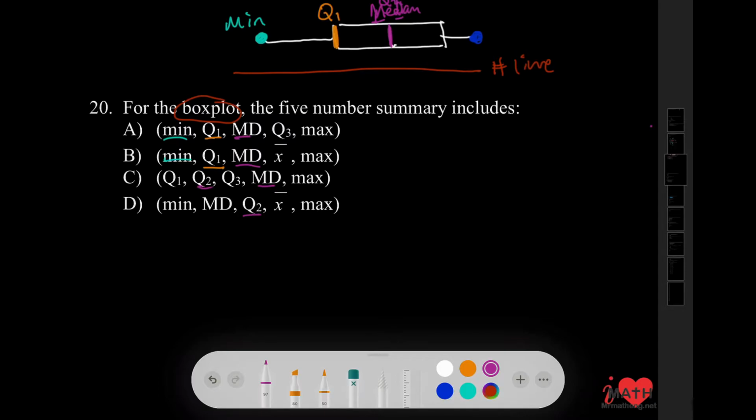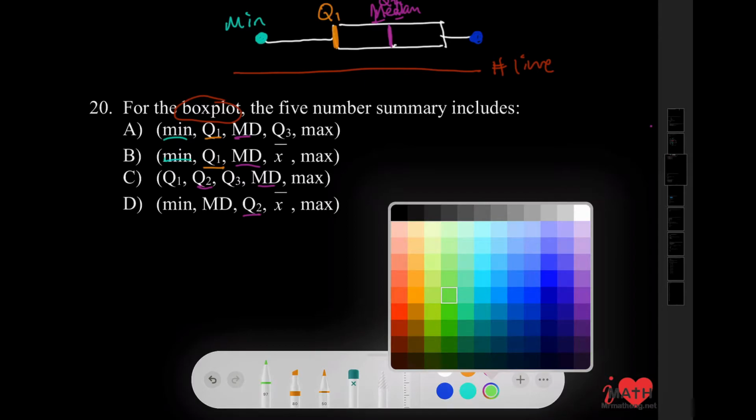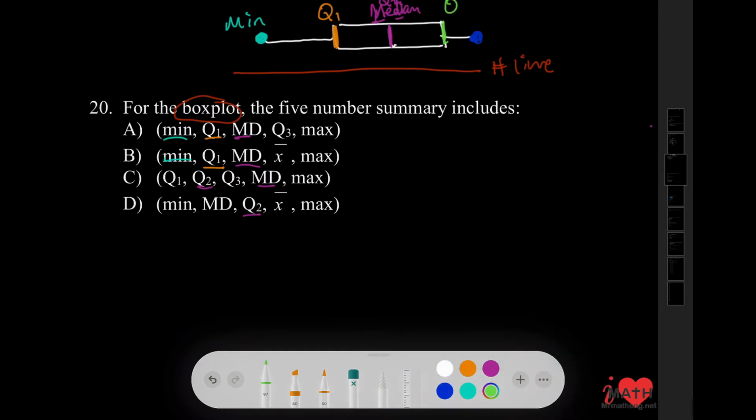We know Q2 represents the median as well. Okay, let's try to find another color here. The right side of the box represents Q3. And then the last one, in blue, is the maximum. Max.